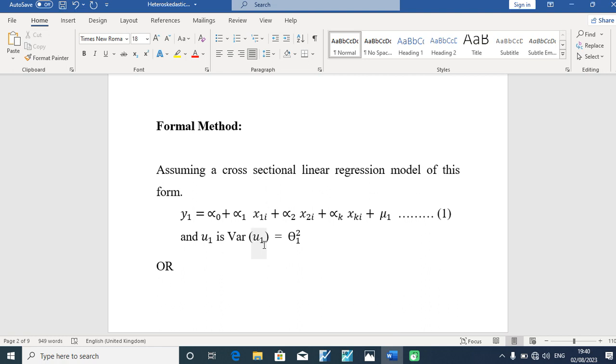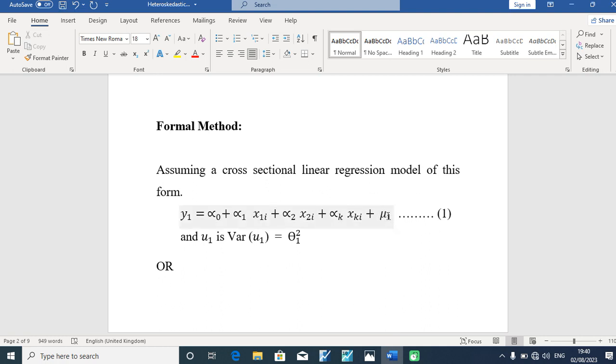From what we have here in equation 1, which expresses the linear relationship amongst the variables, we have y as a function of x1, x2, x3, and we have the error term. If you want to look at it from the perspective of forming a heteroskedasticity equation, then we are going to make this error term the subject of the formula.